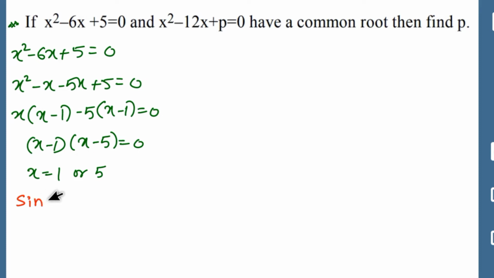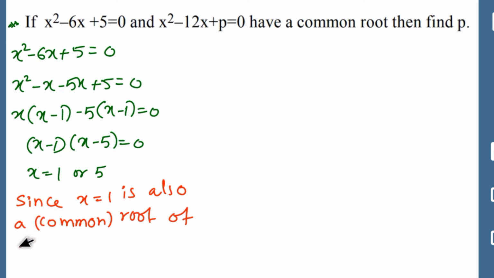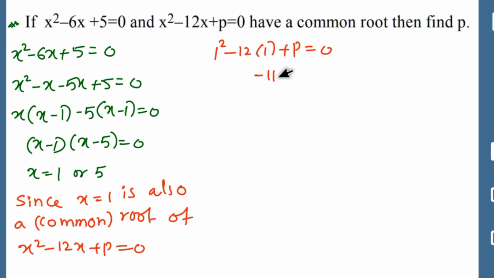Since, first case, since x equals to 1 is also a common root, it is also a root of x square minus 12x plus p equals to 0. Since they are common roots, if x equals 1 is a root of the first equation, it is also a root of the second equation. If x equals 1 is a root, what to do? The root satisfies the quadratic equation. So substitute in the quadratic equation. 1 square minus 12 into 1 plus p equals to 0. 1 minus 12 is minus 11, plus p equals 0.